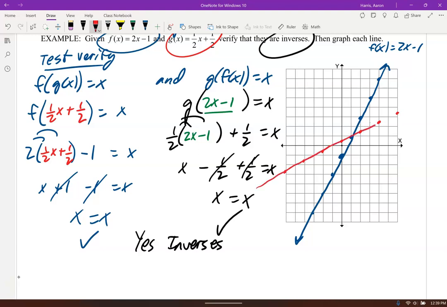And here's our inverse. Here's g. f was in blue. And if you notice, these are reflections about that line, y equals x in black. Right, they're reflections about that black line because they're inverses.